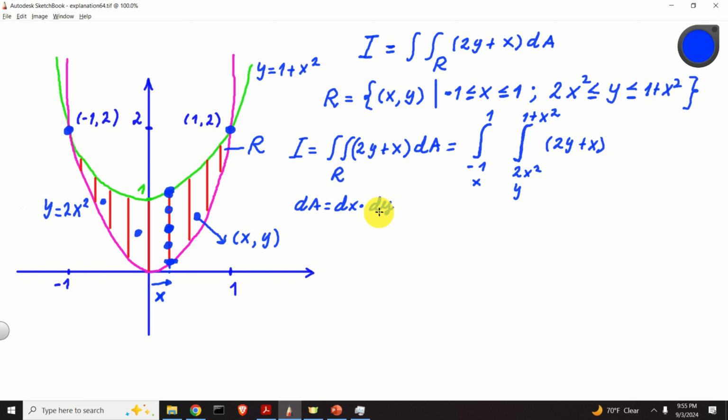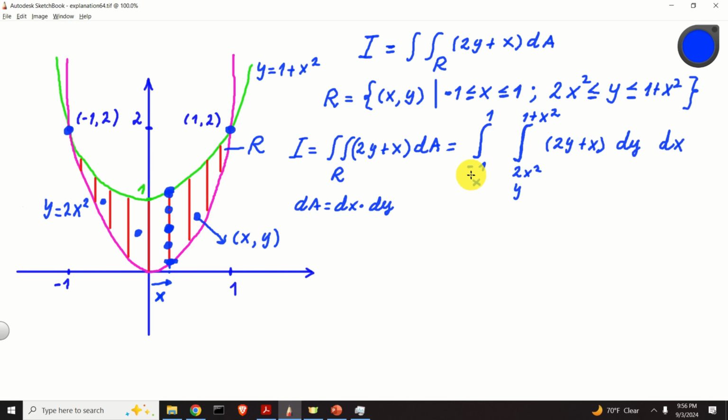However, we are going to match the integration order over here. Since we will have this inner integral that depends on dy, consequently over here we will write dy, and then I'm not going to write parentheses here, however the parentheses exist, and then we will have dx over here.